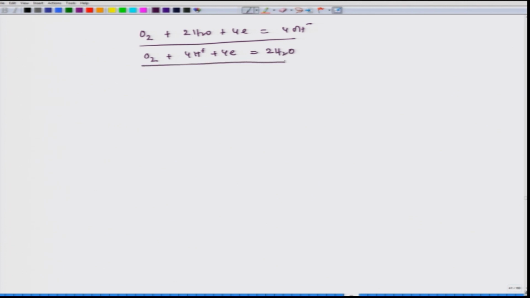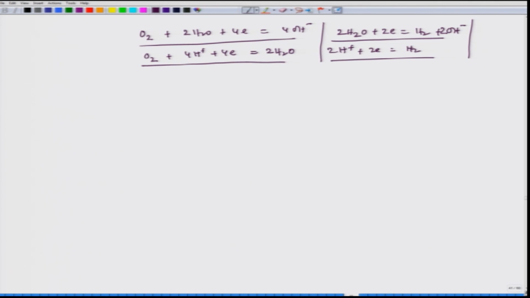So, these two reactions can happen in aqueous medium when we have dissolved oxygen. In addition to that, depending on the pH, we can have two more reactions in aqueous medium, these two, or we can have H plus 2e equal to H2. So, these four reactions are important in aqueous medium, and we have already talked about these four reactions before.